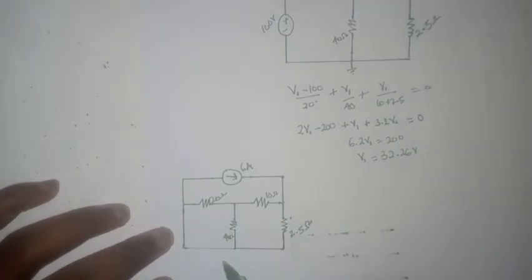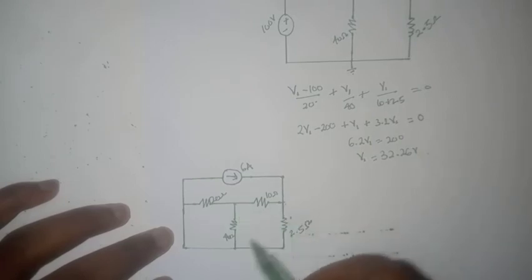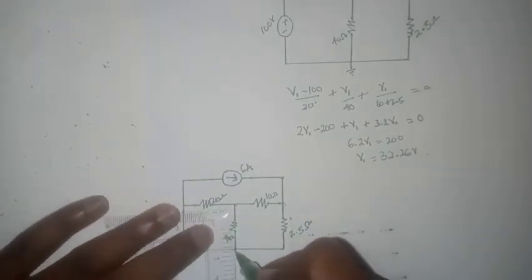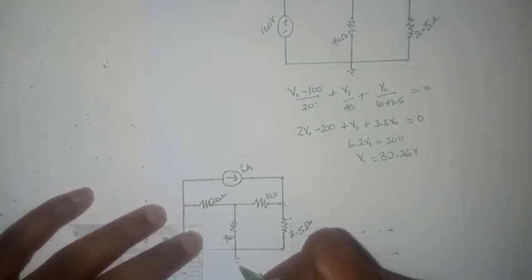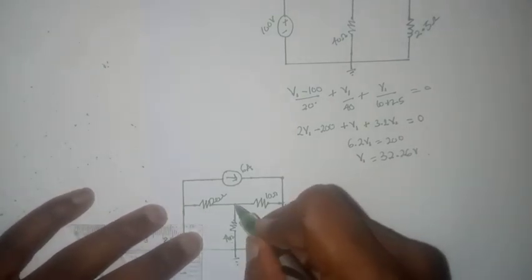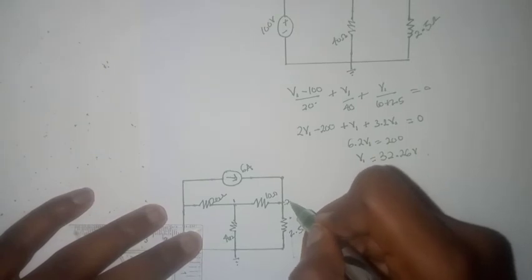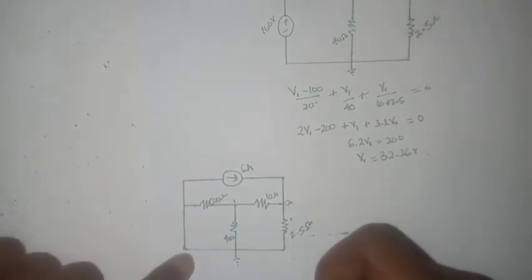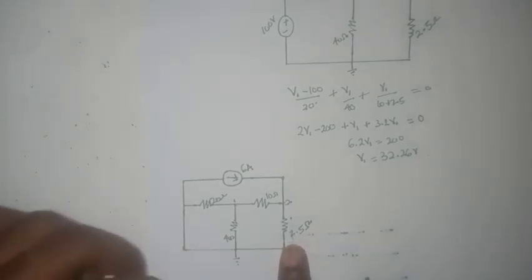We can simply use nodal analysis. We have three essential nodes, 1, 2, and 3. If we make this a reference node, this would be node 1 and this would be node 2. With that we can write equations for each node.